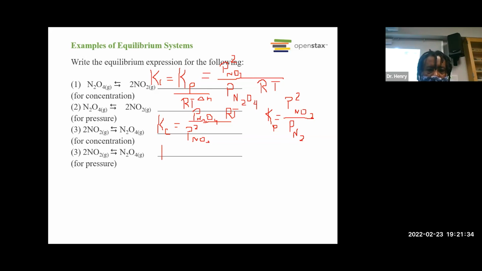So Kp is going to equal P of N2O4 divided by P of NO2, and that's going to be squared.